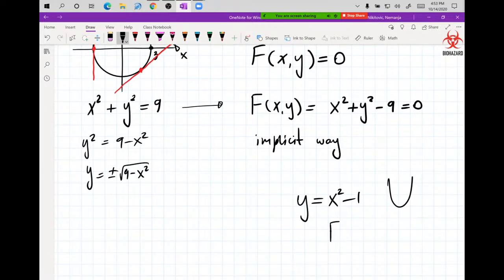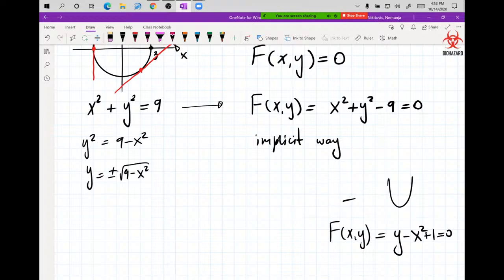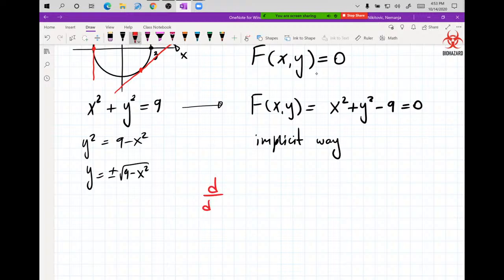You can still write it as f of x, y equals y minus x squared plus 1 equals 0. There it is. You can still write it in implicit form. So implicit form is not just for expressions that are not functions. It's actually for everything, where the function notation only works for functions. So we are studying this implicit form, and now we can take the derivative of the implicit form.